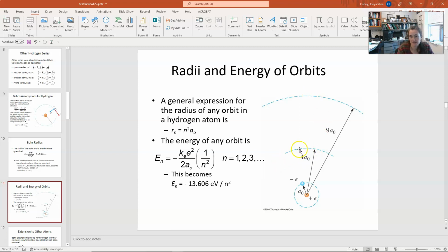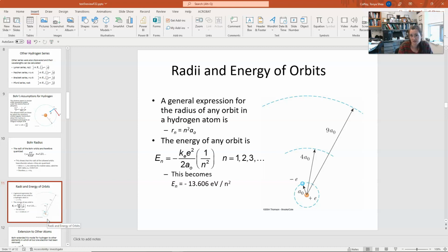So if it's sitting in the n equal to 2 state and it transitions to the n equal to 1 state, for example, a photon that has an energy of 13.6 eV times (1 over 1 squared minus 1 over 2 squared) will be emitted in order to conserve energy, and that's how that works, okay? And since this prediction correctly described the hydrogen atom, it was hailed as a great success because it described the spectra, and we still talk about Bohr's model of the atom today.